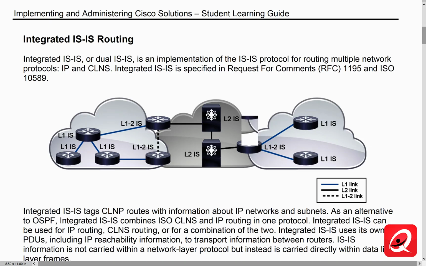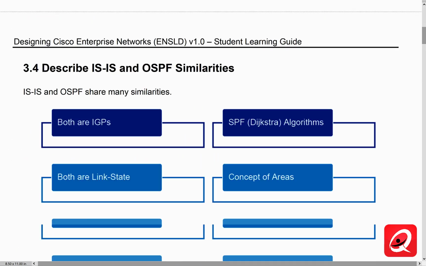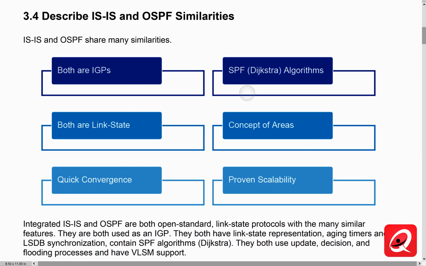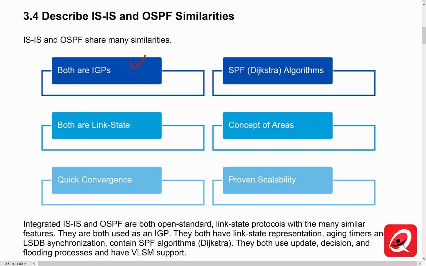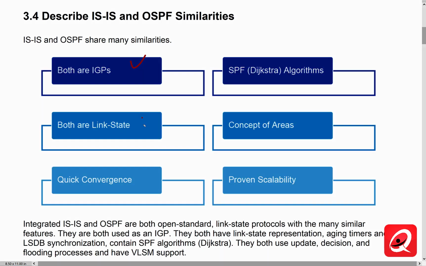Now, because ISIS is a link state routing protocol, obviously there are going to be a lot of similarities to what we see in OSPF and ISIS. Both of these protocols are what we would consider interior gateway protocols, meaning that these are protocols that we're going to run inside of our enterprise to allow us to exchange network layer reachability information within that enterprise.